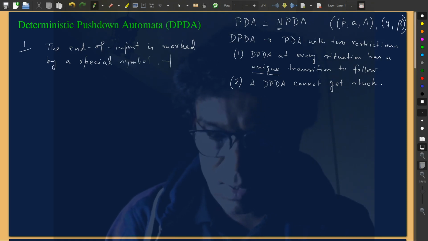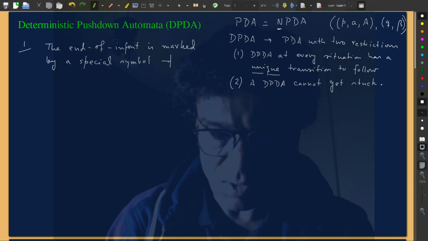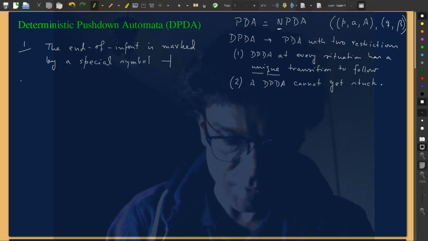Why is this necessary? A non-deterministic PDA can actually guess when the input has ended, and it can make certain transitions based upon that guess. But if a DPDA is not allowed to guess, it will have to see this end of input explicitly in order to understand that the end of input is reached. So this is the first modification.